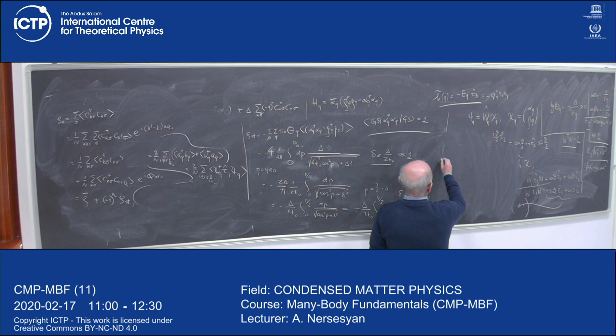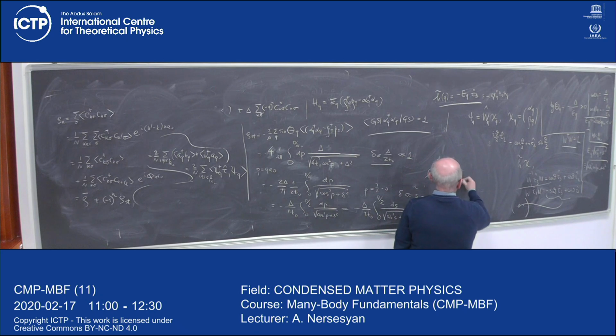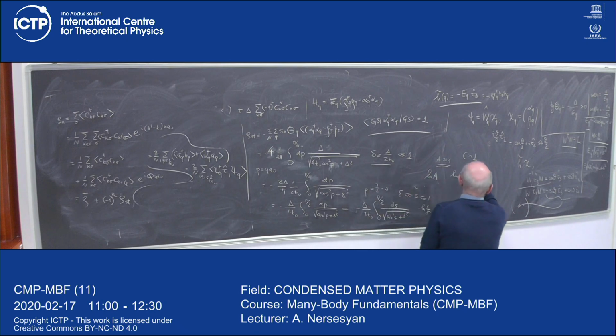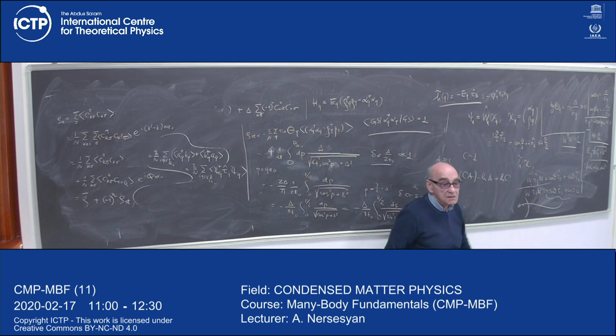If you have an argument a, which is much greater than 1, and you have the logarithm of a, then the logarithm of a or the logarithm of c times a, when c is of the order of 1, is the same quantity. Because what is written here is the logarithm of a plus the logarithm of c, but c is of the order of 1, maybe slightly greater than 1.